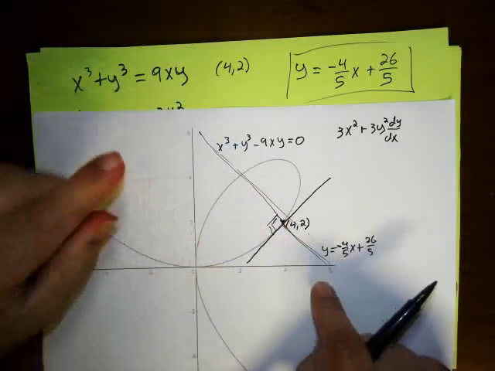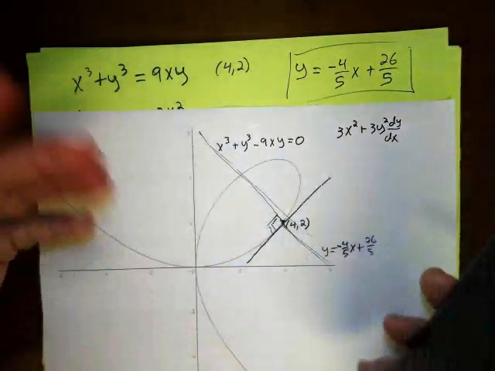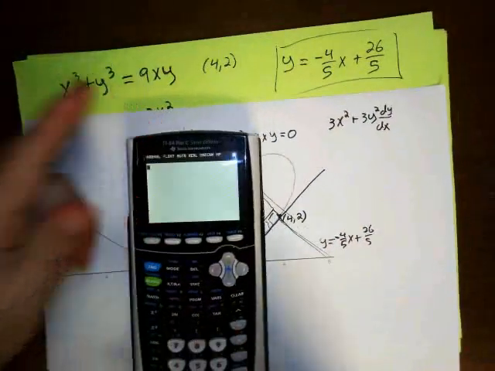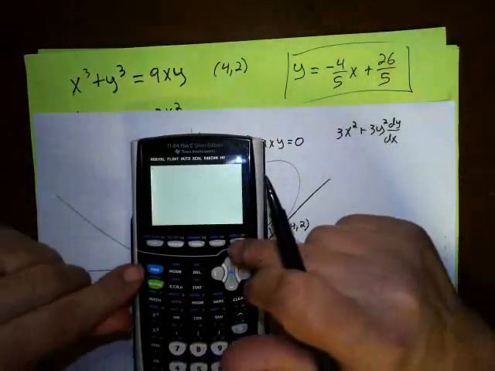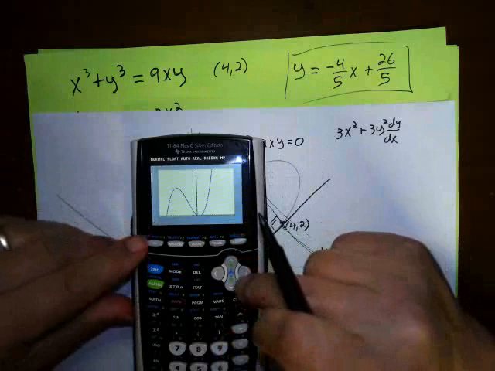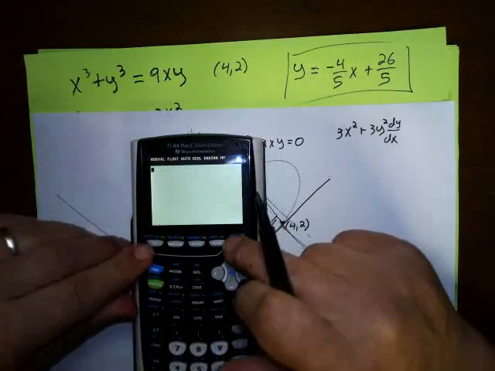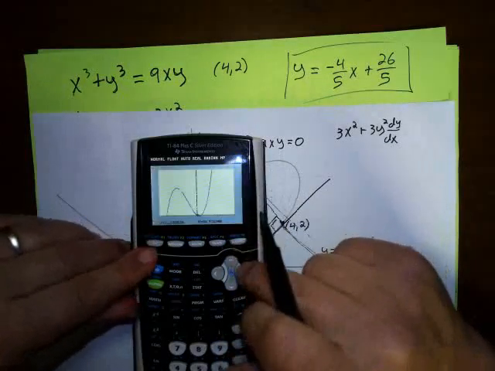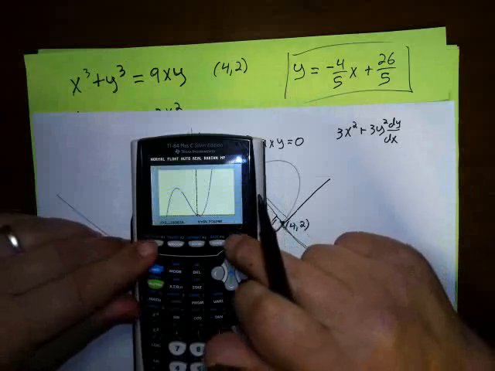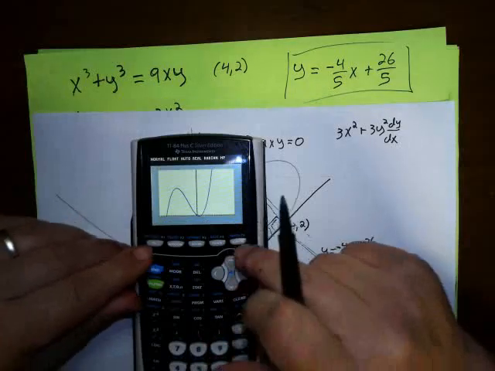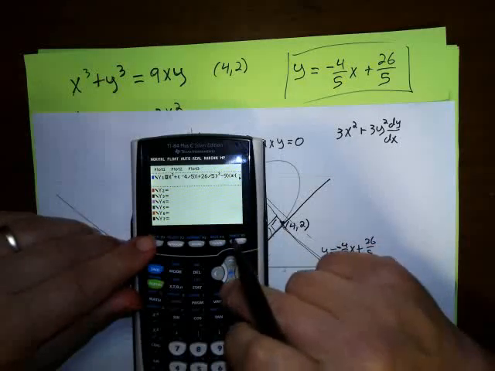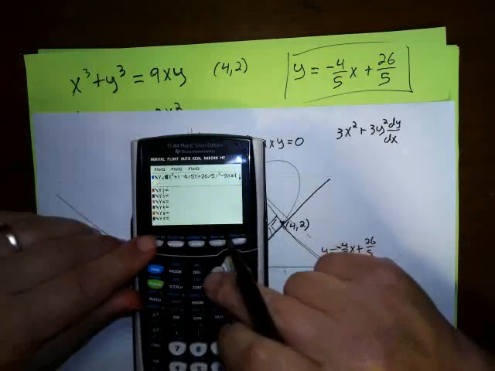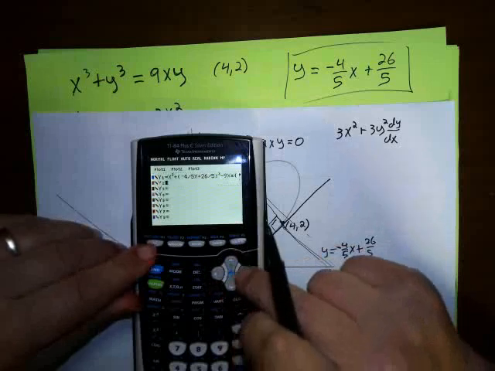One nice thing is that if you have two graphs, you can find where they intersect on the calculator. But there's a problem. Here's the graph that I'm going to be doing here. So you know what? Let me just put in two other things.